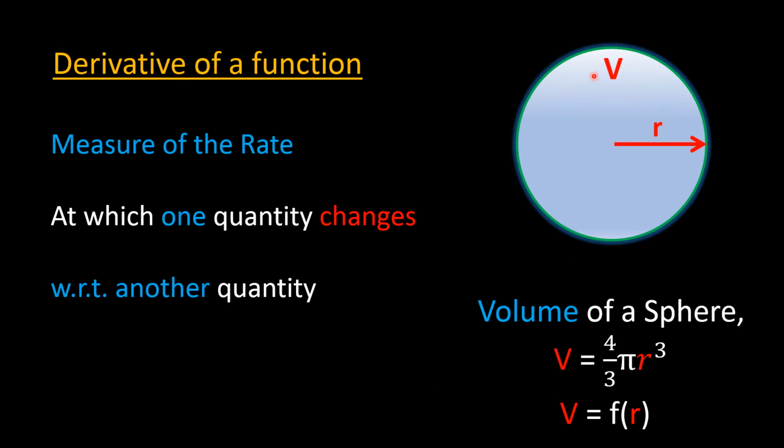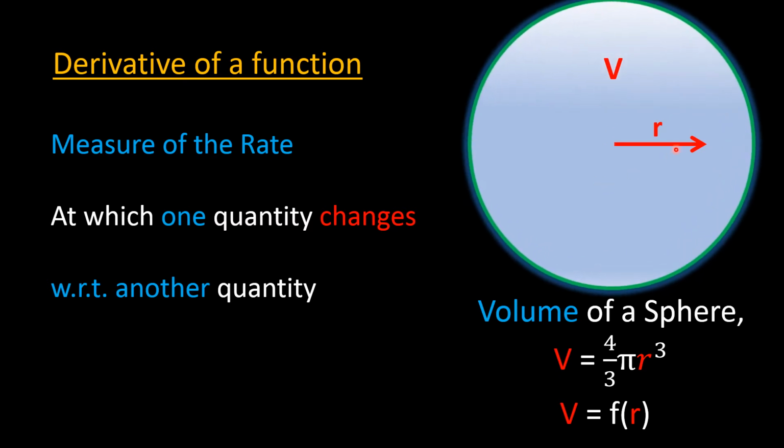If the volume V of a spherical balloon is changing at a certain speed, then with the help of derivative, we are able to find the speed at which its radius is changing and vice versa. Derivative of a function is a special type of limit.